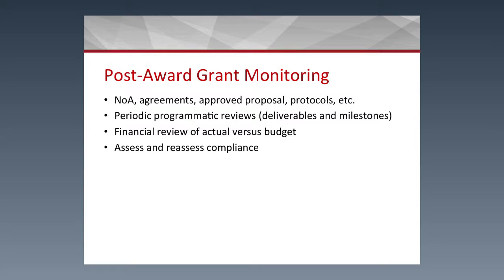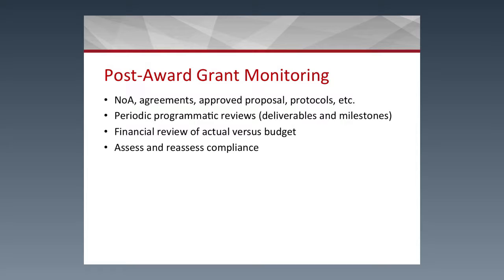What is key then is to have a system in place that will allow you to do periodic programmatic reviews of how you implement that particular grant. You will need to reflect on your deliverables. You need to review your deliverables and milestones frequently to see whether you're on track.